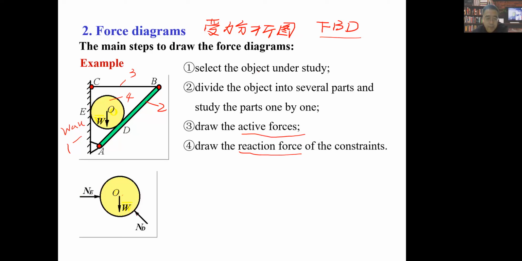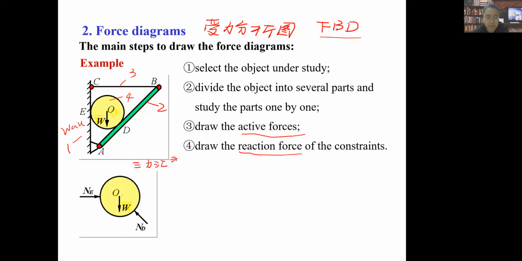And for the contact point D here, in the first step we imagine we draw the common tangent line, and through the contact point we draw a normal line, right? This is called ND, another support force on this ball. And actually this ball is in equilibrium with three forces. Do you still remember we mentioned 三力会交定理?